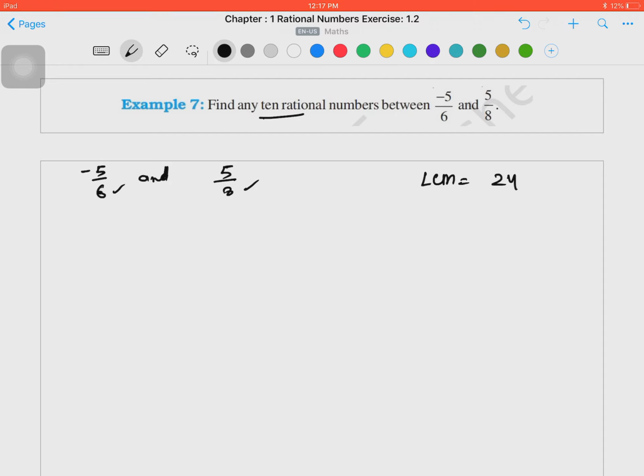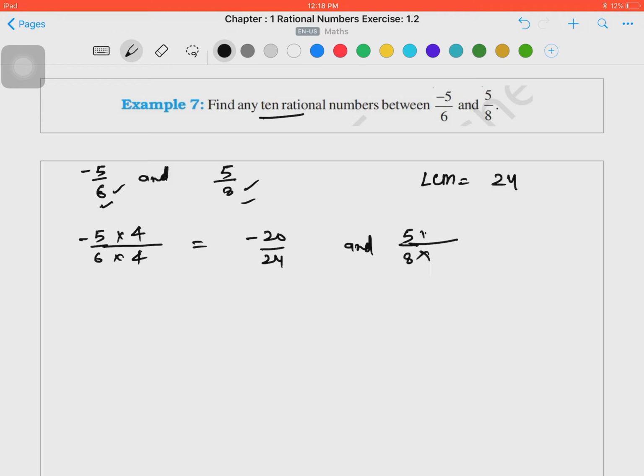In order to make both denominators 24, the first number is minus 5 by 6, we multiply by 4 here and here. So this number will be minus 20 by 24. The second number is 5 by 8.